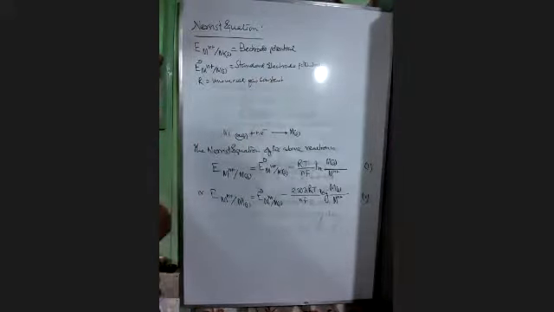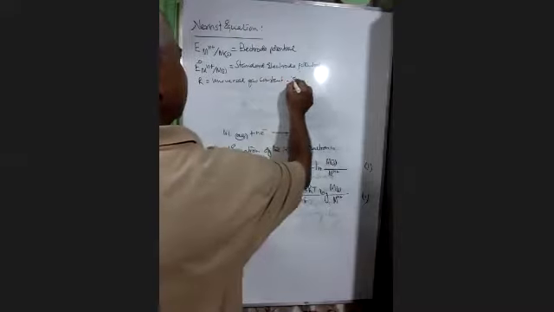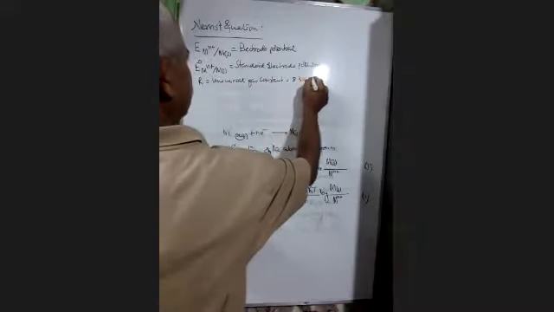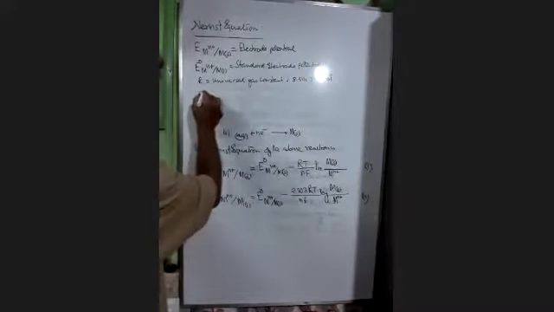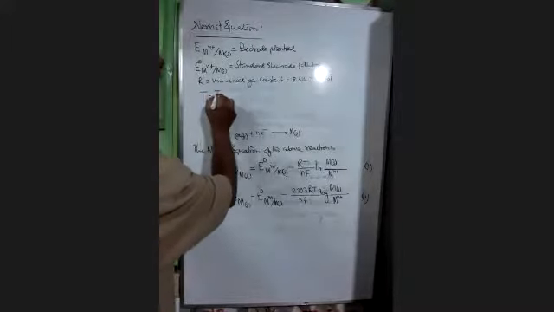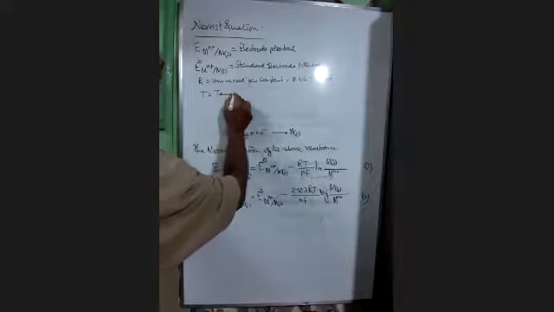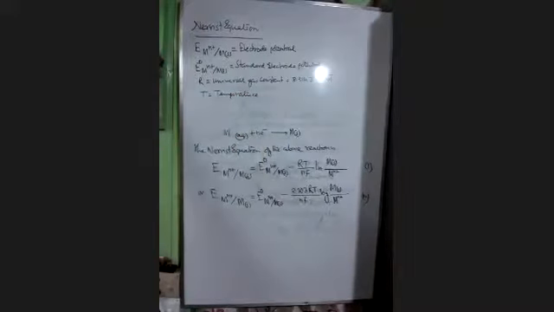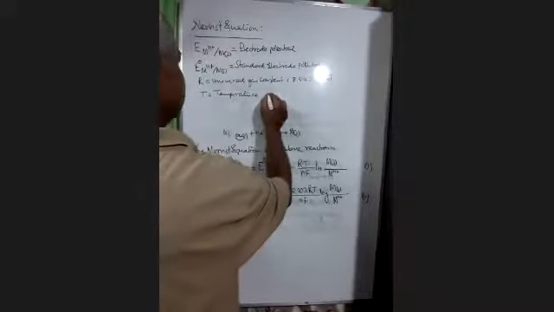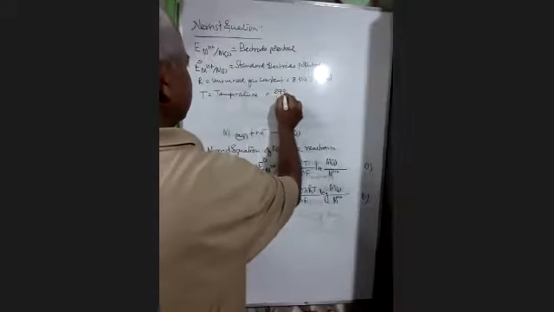Okay, that you know is equal to 8.314 joule. T is temperature. What is the ideal temperature? It is 298 Kelvin.